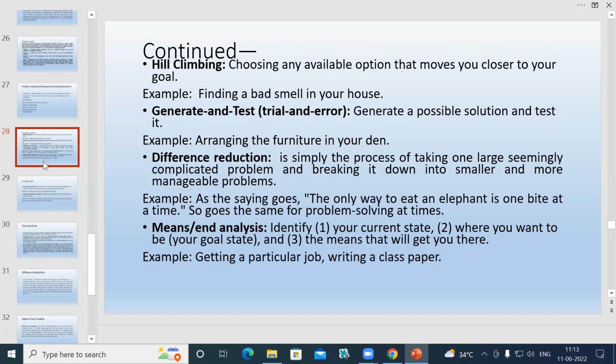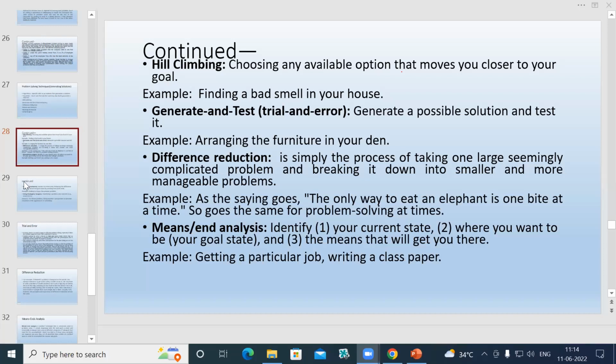Here hill climbing means choosing any available option that moves you closer to your goal. Okay, whatever problem sometimes we are having, we just go for the immediate solution to the problem. Like suppose you are finding a bad smell in your house. Okay, this is the example. So whatever option is available that moves to solve this problem, you will apply that. Okay, so immediate solution of the problem.